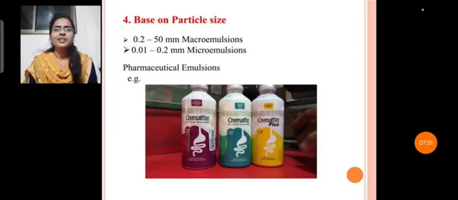Next class is according to the particle size of globules of emulsion.